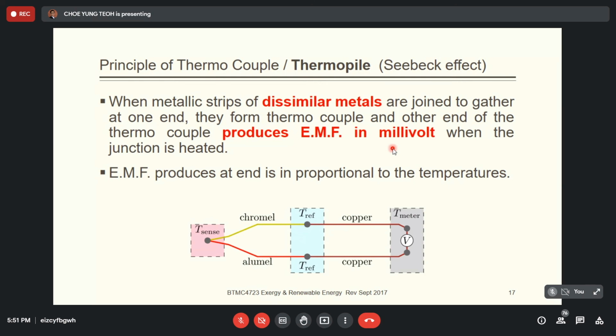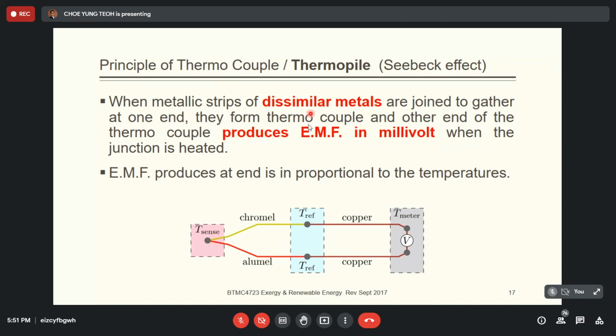Because it's actually very roughly. And this EMF produced is proportional to the temperature and proportional to the solar irradiance you receive. The higher the solar irradiance, the higher the temperature, the higher the voltage that you produce over here.